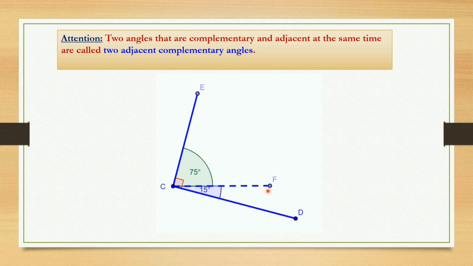Also, DCF and FCE are adjacent because they have the same vertex C, they have a common side CF, and they are situated on opposite sides of their common side CF.